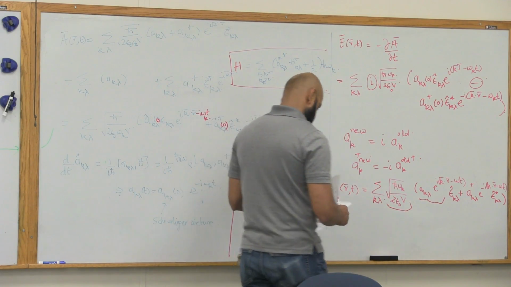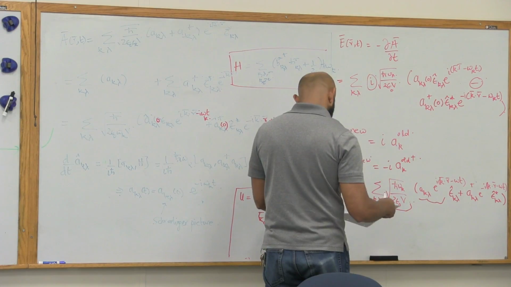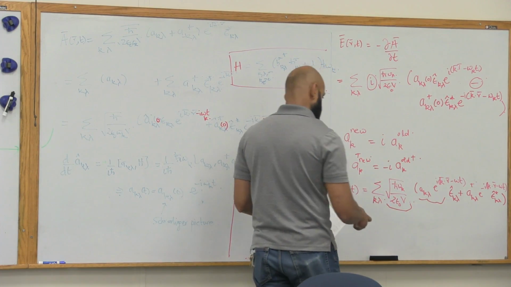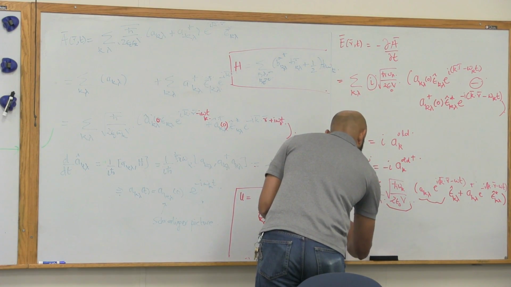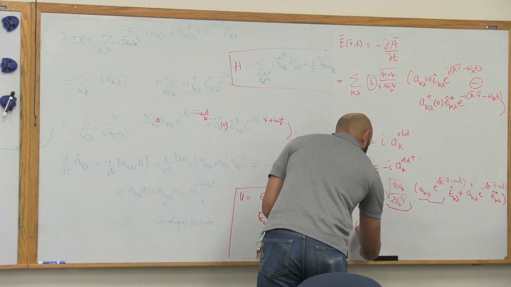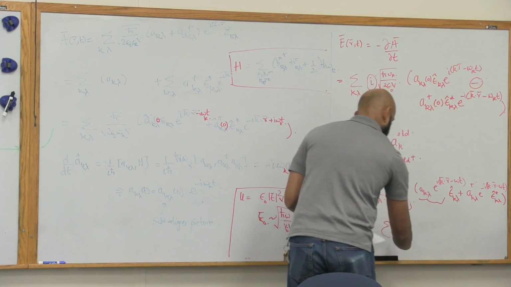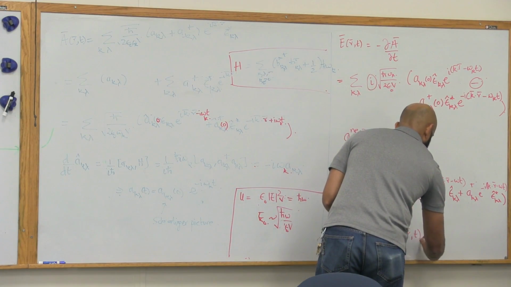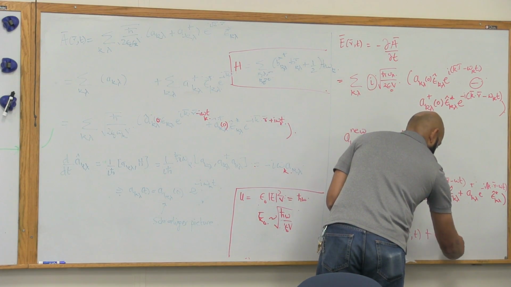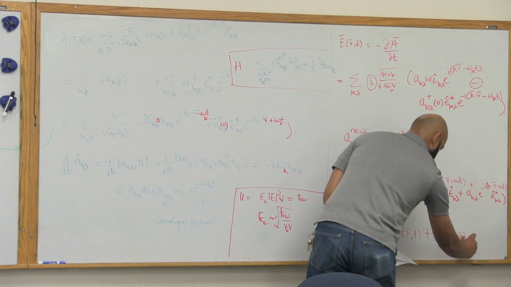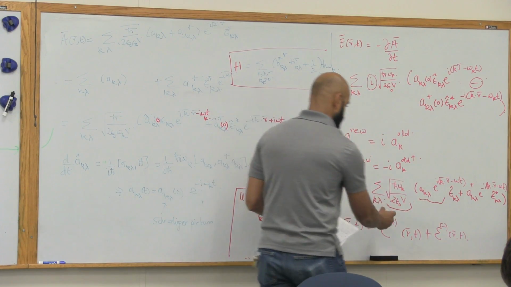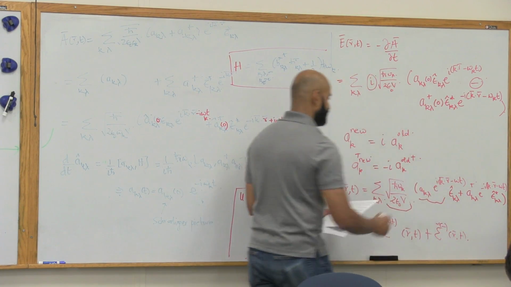It's a little bit confusing notation, but this is the common notation in quantum optics textbooks: E is written as having two parts, a positive frequency part and a negative frequency part. And each of these are operators, of course.